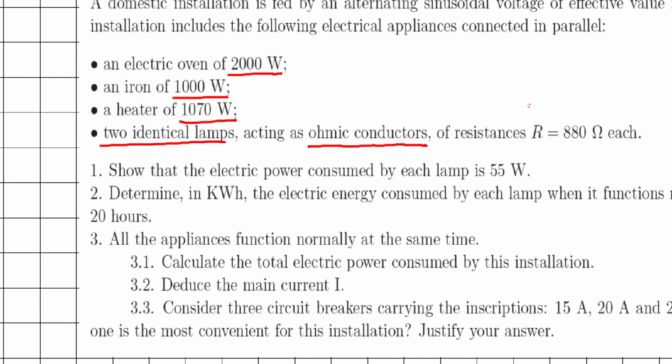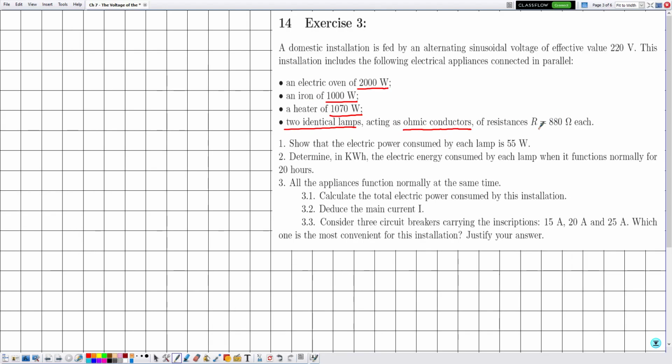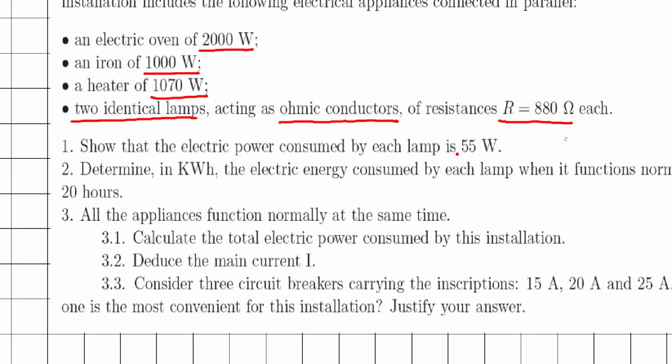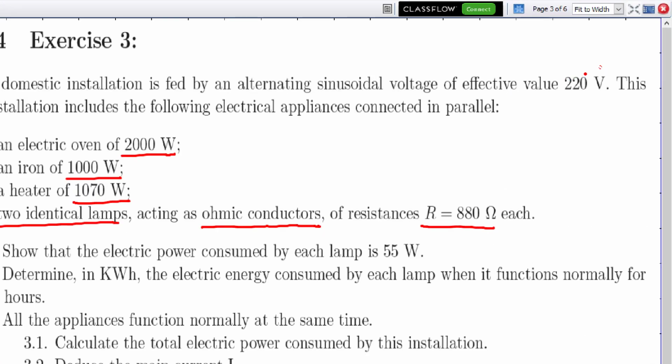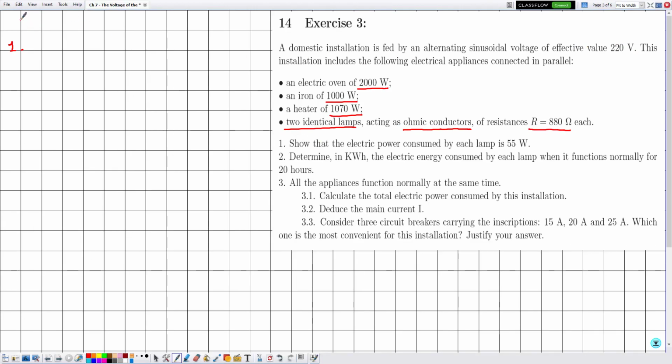What is meant by ohmic conductor? We can apply Ohm's law of resistances, R is equal to 880 ohms. Number 1, they are telling me to show that the electric power consumed by each lamp is given by 55 watts. So here the effective value is given by 220 volts.